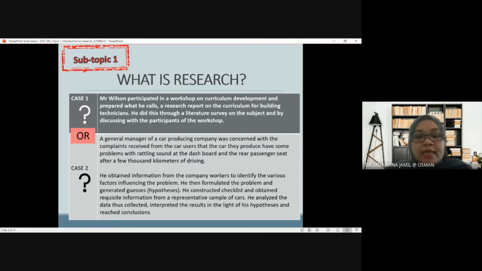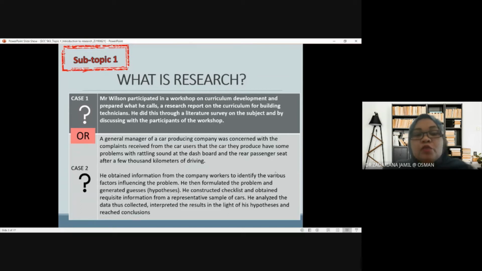He then formulated the problem and generated guesses, which is a hypothesis. He constructed checklists and obtained requisite information from a representative sample of cars. He analyzed the data collected, interpreted the results in the light of his hypothesis, and reached some conclusions.